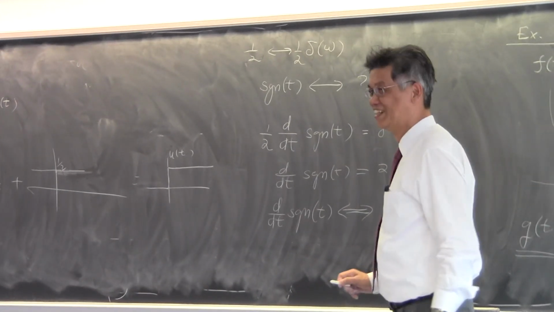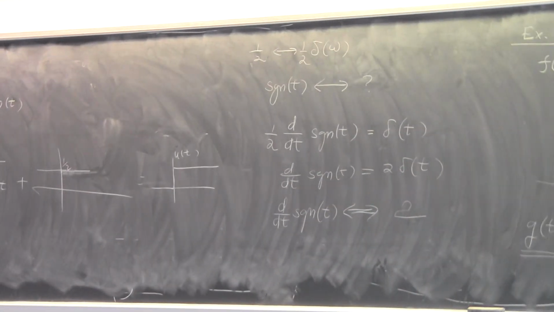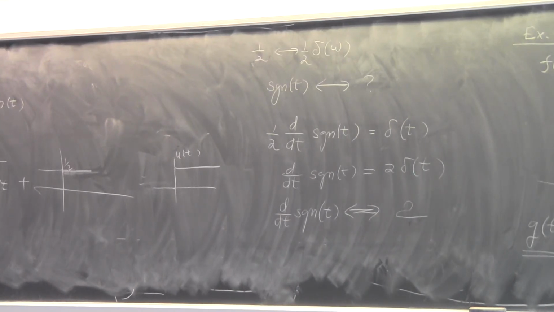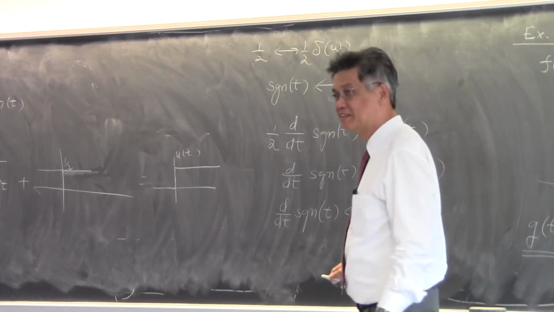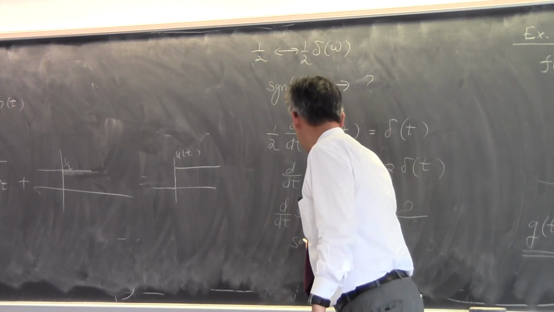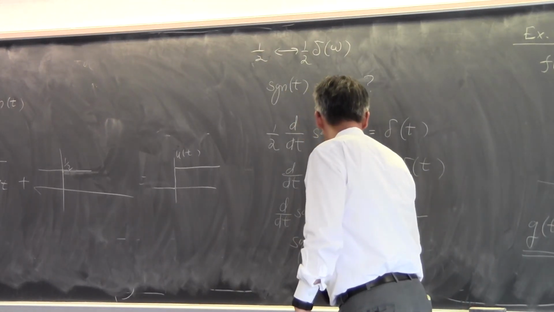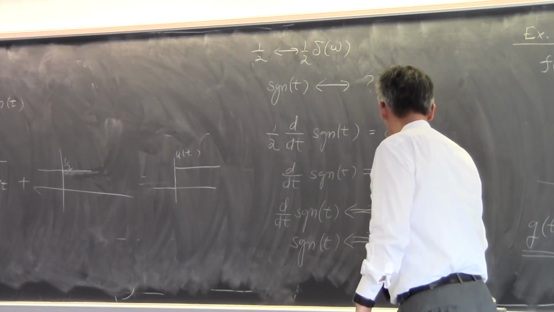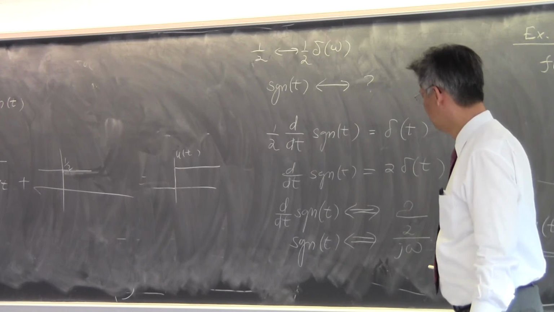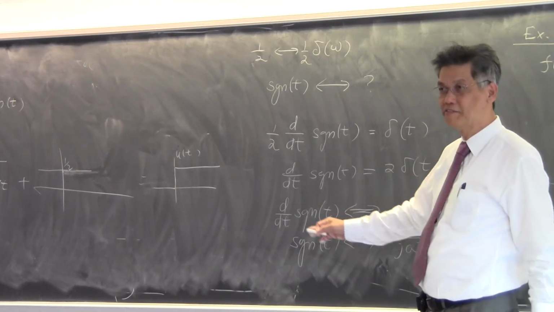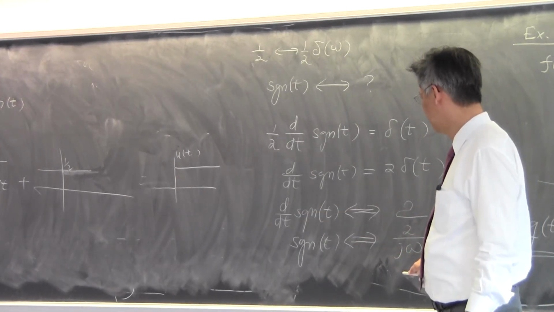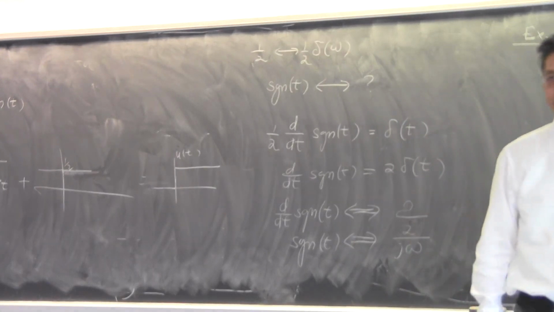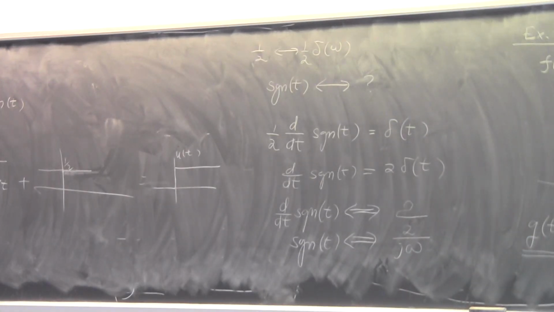Or 3? Or ducks? No, 2. Okay, so if this thing Fourier transforms to that, sign of t must Fourier transform to 2 over j omega. Okay, because a Fourier transform and its derivative is just related by j omega. So the Fourier transform of a sign function is just 2 over j omega.